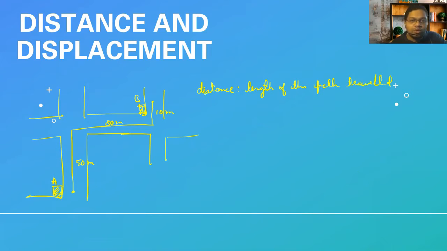So over here, this will be 50 plus 80 plus 10, and that will be 140 meters. So that means the distance traveled is 140.